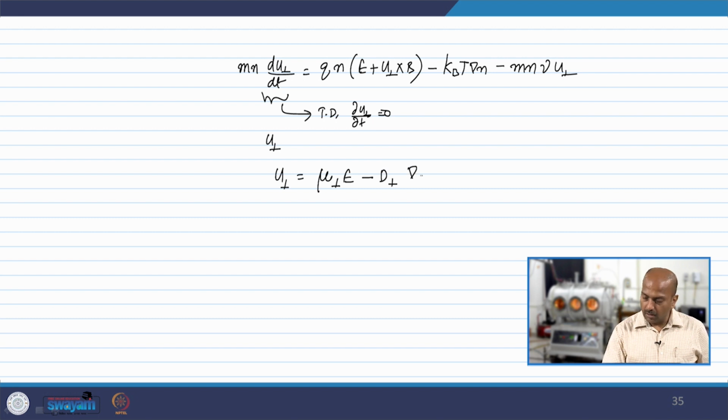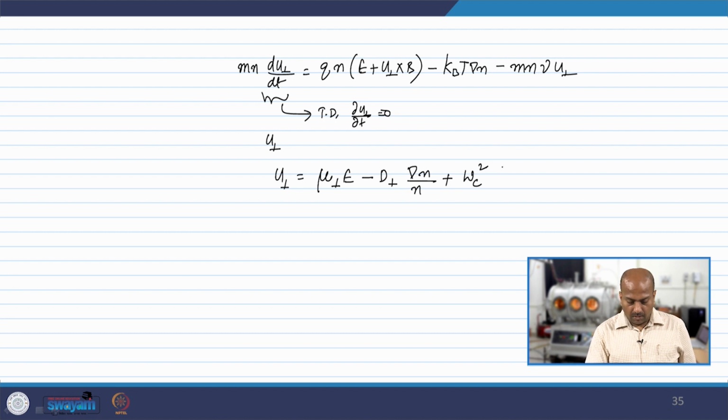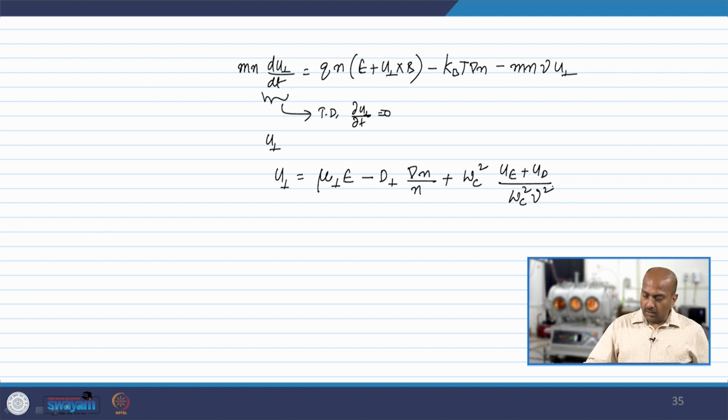minus D perpendicular delta n by n plus omega c square times (u E plus u D) by omega c square plus nu square. Here u E is nothing but the E cross B drift velocity, and u D is the diamagnetic drift velocity. u E is E cross B by B square, and u D is minus del P cross B by B square.